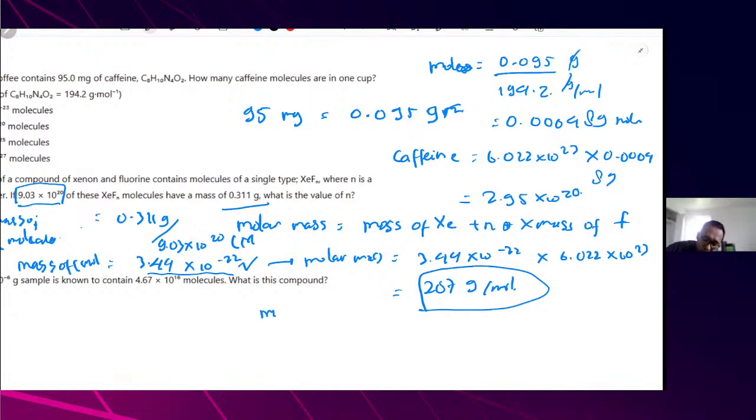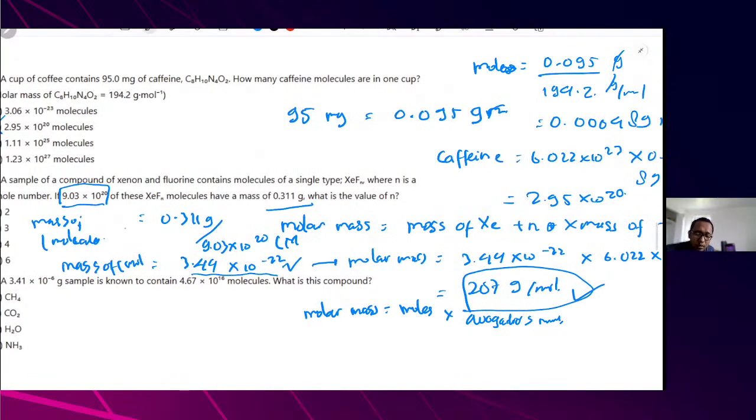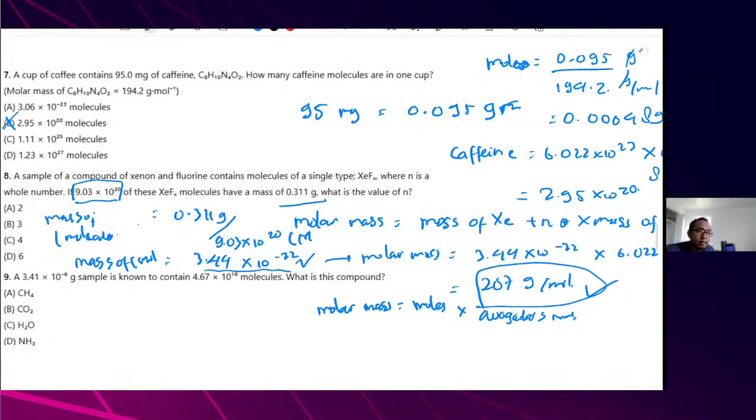So molar mass is moles times Avogadro's number. Okay, this is Avogadro's number. And then what's the value of n?